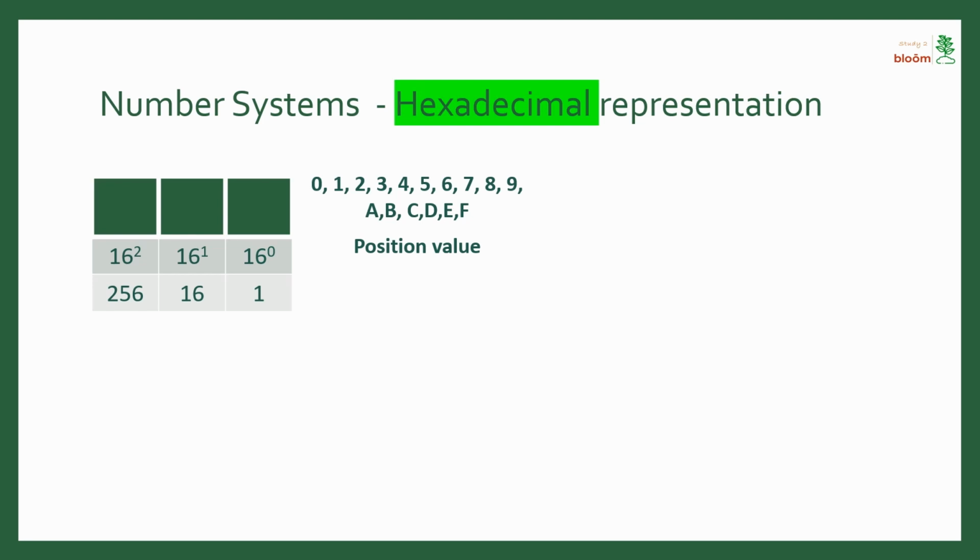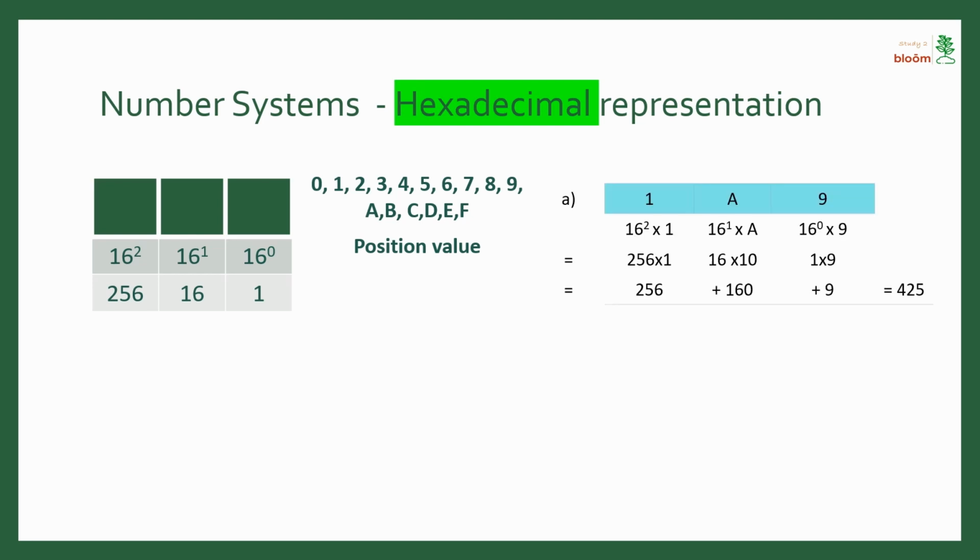So again, like in binary and octal representation, each position has different position values which should be multiplied with the digit represented here. For example, let's say we have a number 1A9. So this is the 0th position, the first position, and the second position.